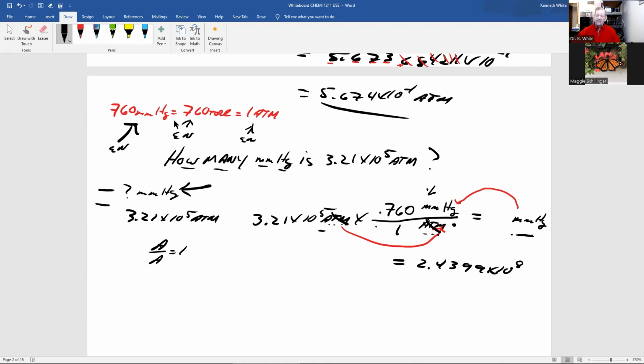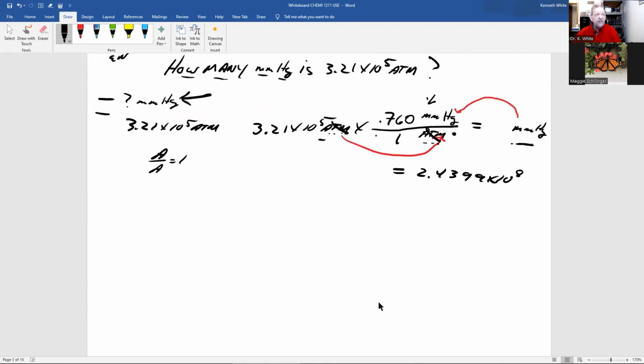Now, test 3, like test 2, will say, please use proper significant figures for all calculated answers. This is 3 significant figures. These are exact numbers.